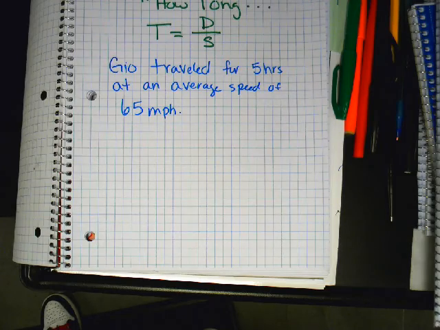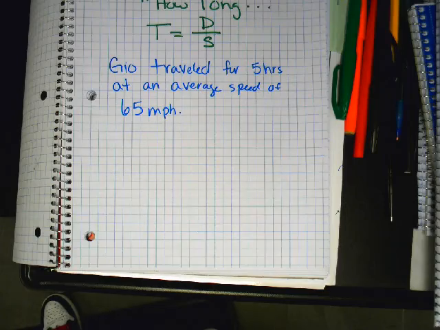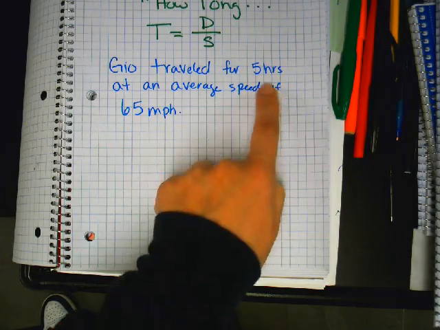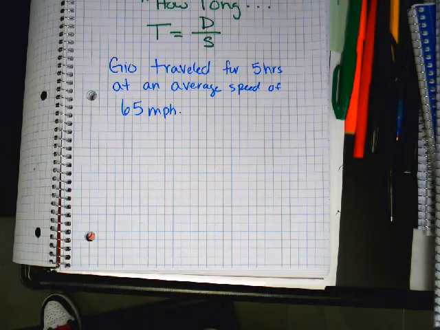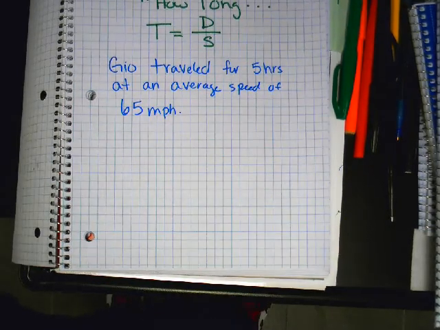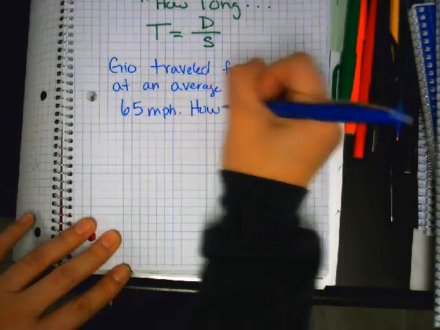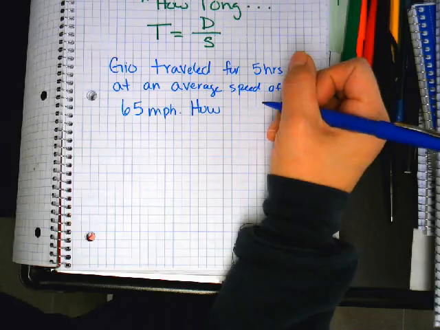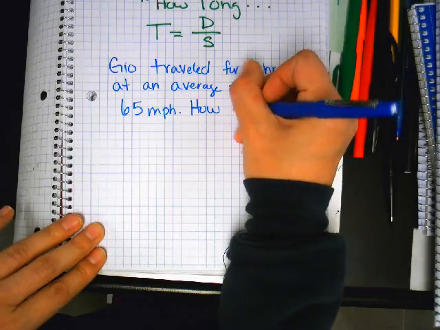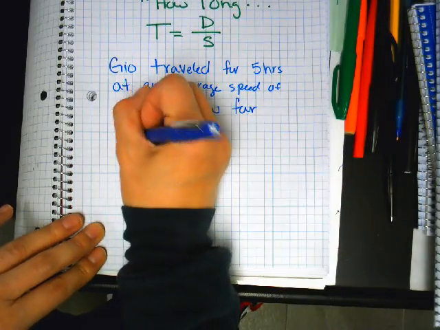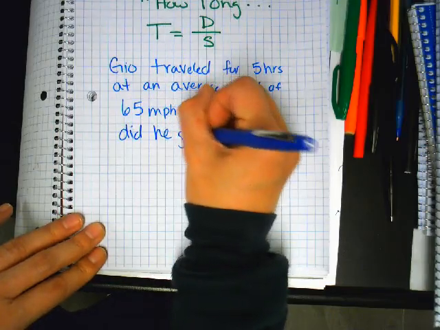Does anybody know what I'm going to ask you? How long? 5 hours. How fast? 65 miles per hour. Time? 5 hours. Distance. So how would I phrase the question? How far did he travel in a time span of 5 hours?